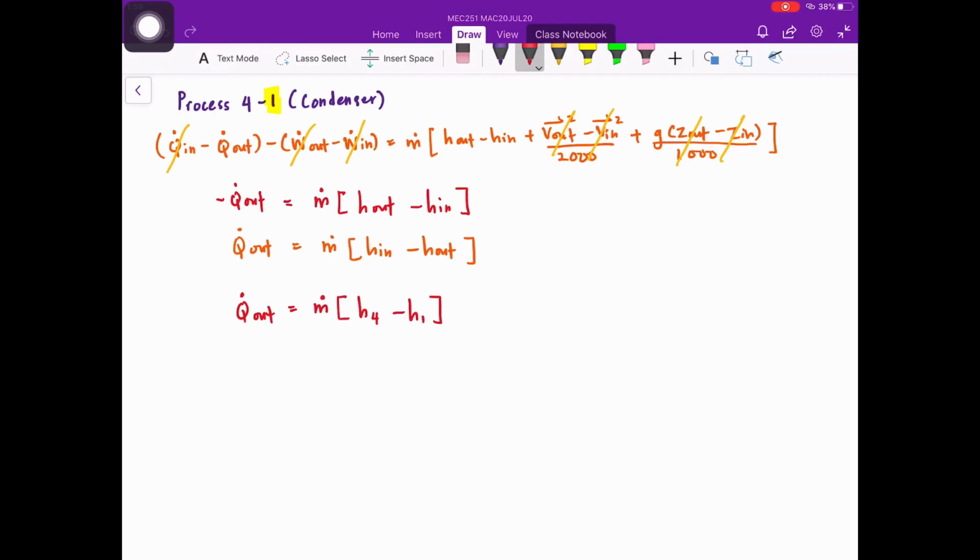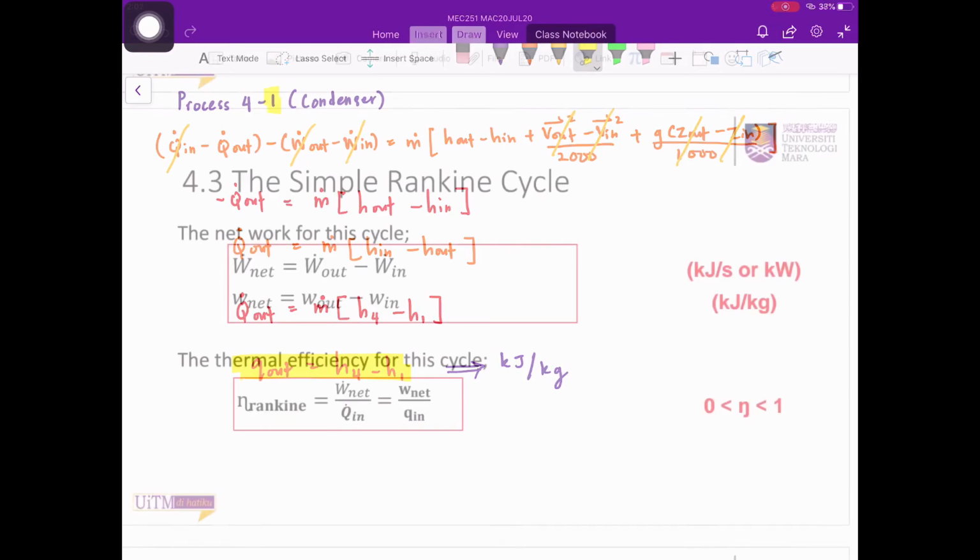Therefore, the steady flow energy equation for process 4 to 1 at the condenser will now become Q dot out equal to m dot times H4 minus H1. This equation will give us the unit of kilojoule per second or kilowatt. If we divide this equation by the mass flow rate, the equation will now become Q out equal to H4 minus H1, which gives us the unit of kilojoule per kilogram.